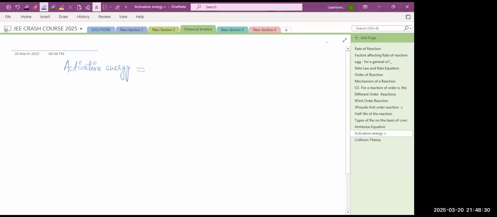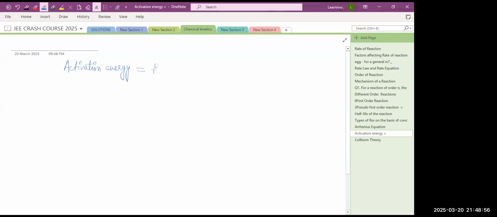Okay. So activation energy is the minimum energy that the reactant molecules must acquire in order to cross the energy barrier and change into product. So the minimum energy the reactant molecules acquire in order to change into the product is known as activation energy. And how can you find the activation energy?